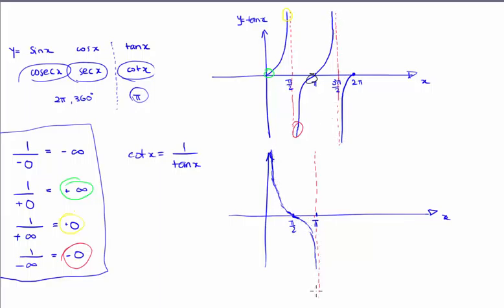So this shape is repeated. So I just need to draw another shape which is identical to this one, and there is the asymptote, and that's what 2 pi is, okay? 2 pi. All right, that's it.